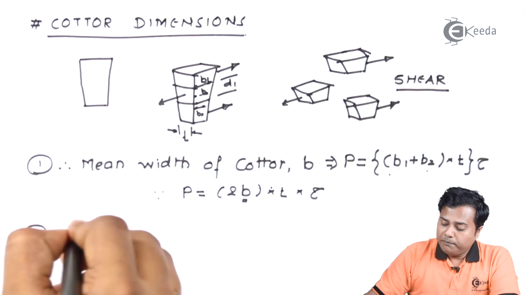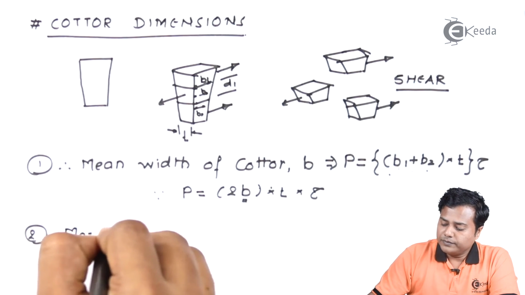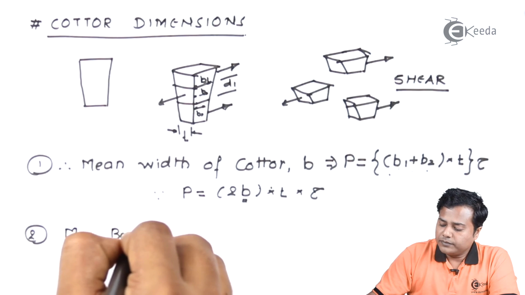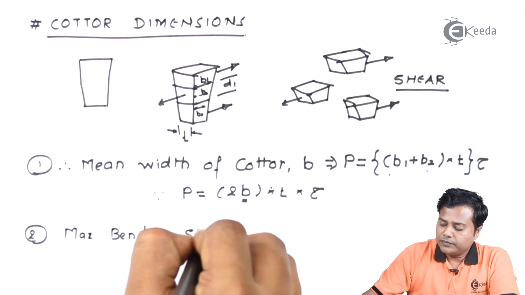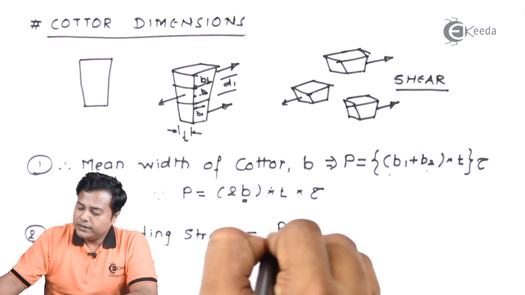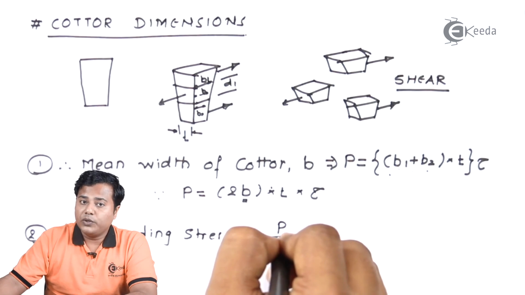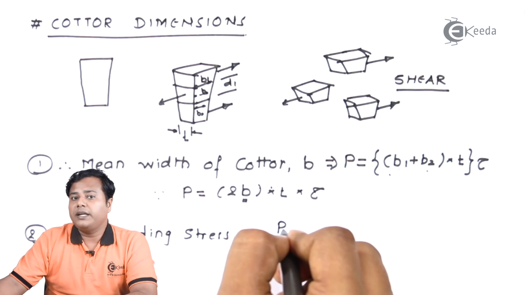And therefore the maximum bending stress will be given by, now there is some theory that we are going to use. Based on that theory, the formula is derived, so we are going to apply it directly.